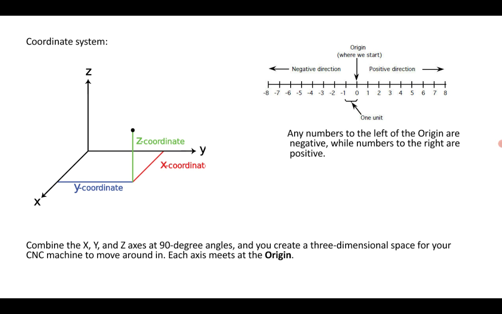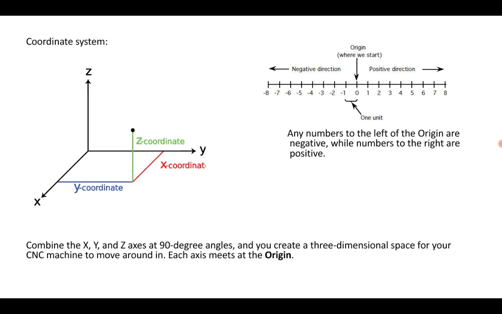This can be compared to the right hand thumb rule, showing all the three directions. On the right side you can see the numbers and how they are related in the x or y directions.